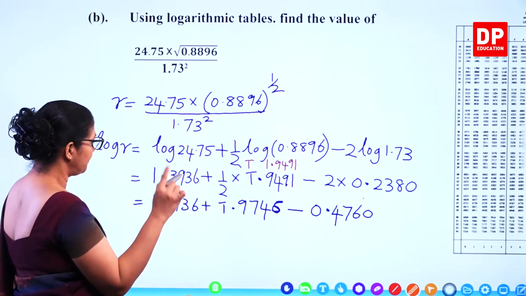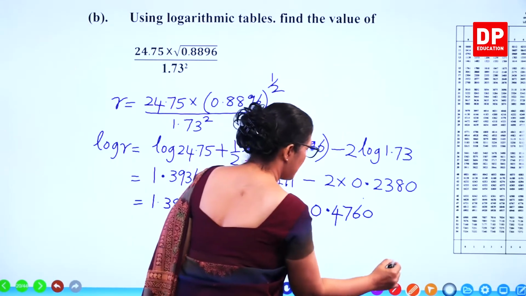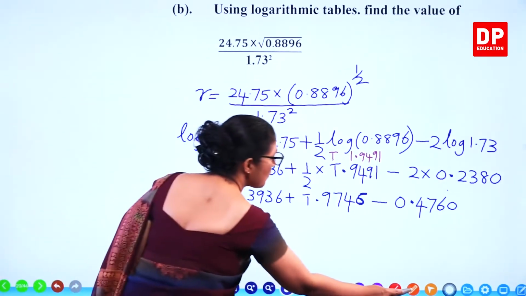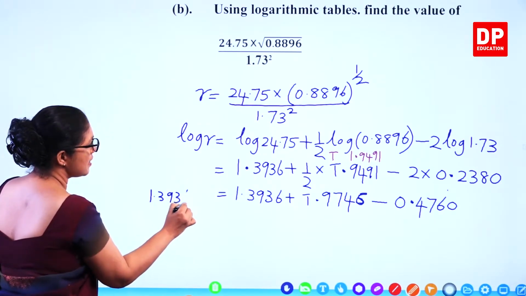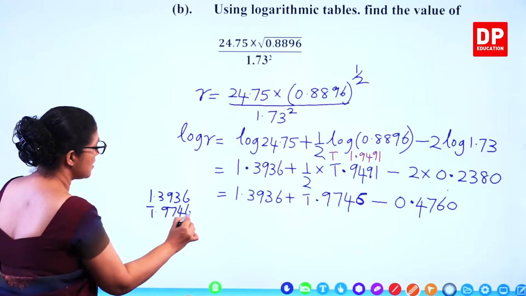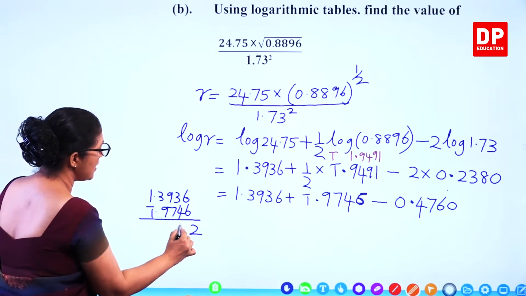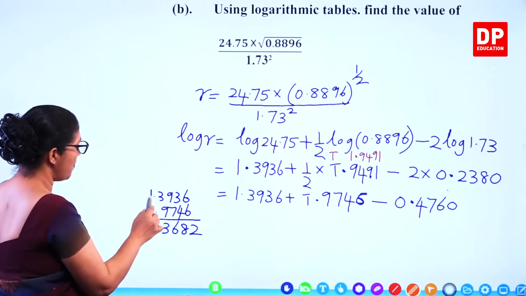Now we'll see. We'll add all together. These two will add. We'll do it here. 1.3936 bar 1.9746. Add it. 6 and 6, 12. 1 remaining. That's 8. 9 plus 7, 16. 10 plus 3, 13. 1 remaining.